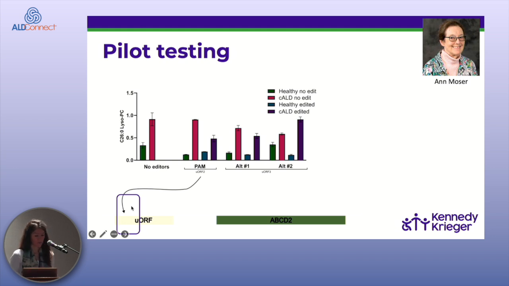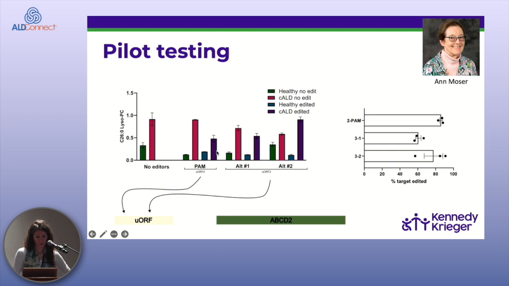In this study, we're targeting 2 different ORFs. We're trying to cover all of our bases here. There's one section of this UORF that we're targeting more distal, and then we have another region of that same ORF that we're targeting with a different complex of base editors.